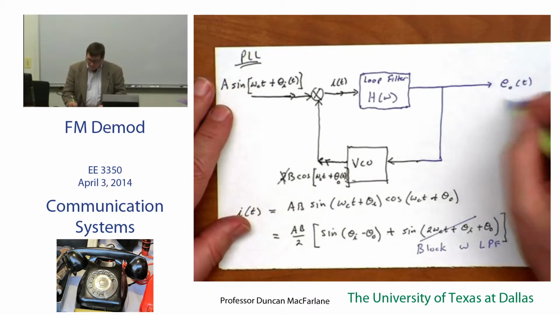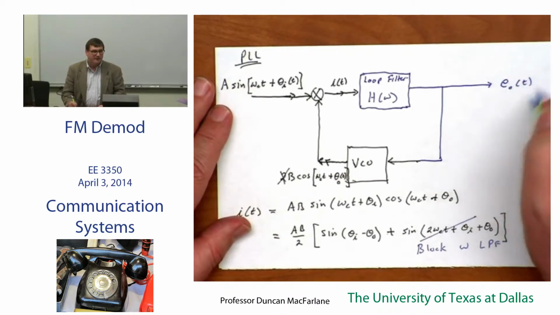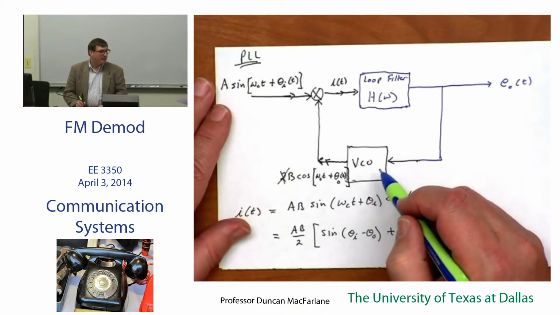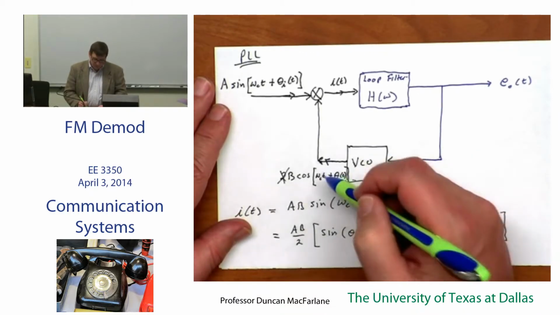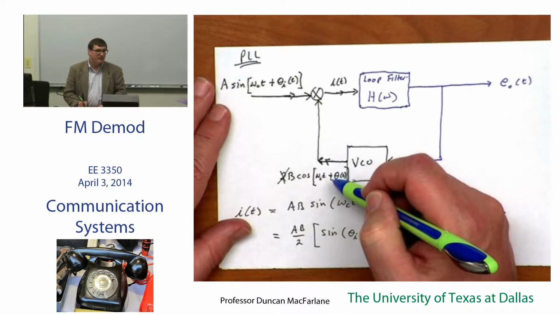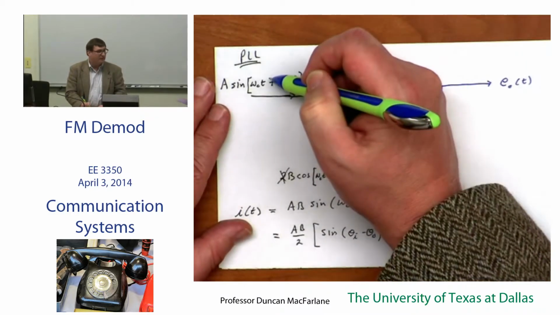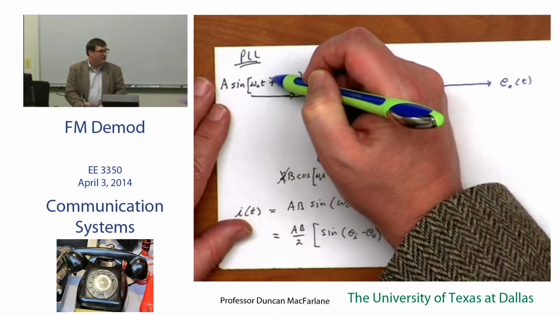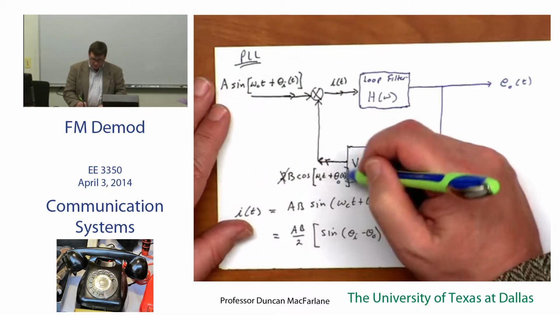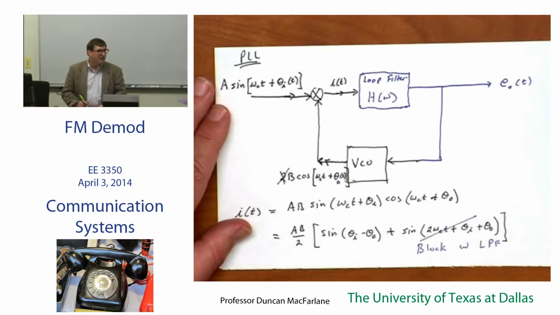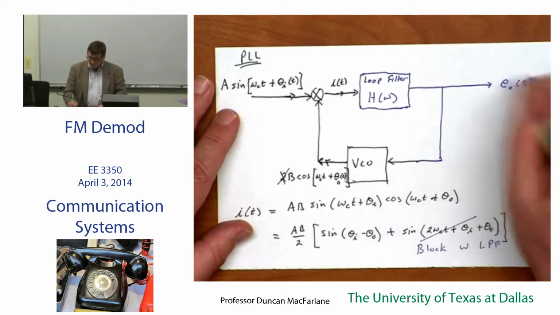Now take a look at this error output. Okay? This error output is what's feeding the VCO, and it's telling the VCO, this is the kind of sinusoid I want. And what I really want is that this sinusoid match up this sinusoid. So what I really want is a nice comparison between the input phase as a function of time and the output phase as a function of time, and that's entirely controlled by this error signal.